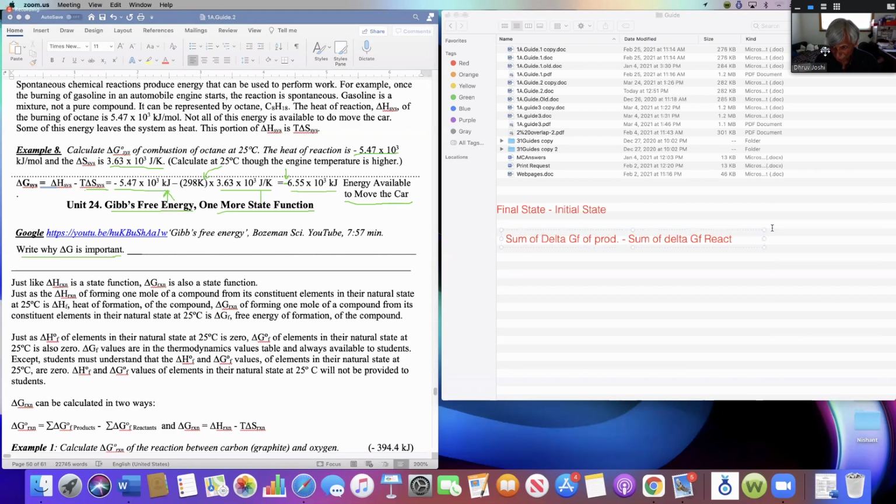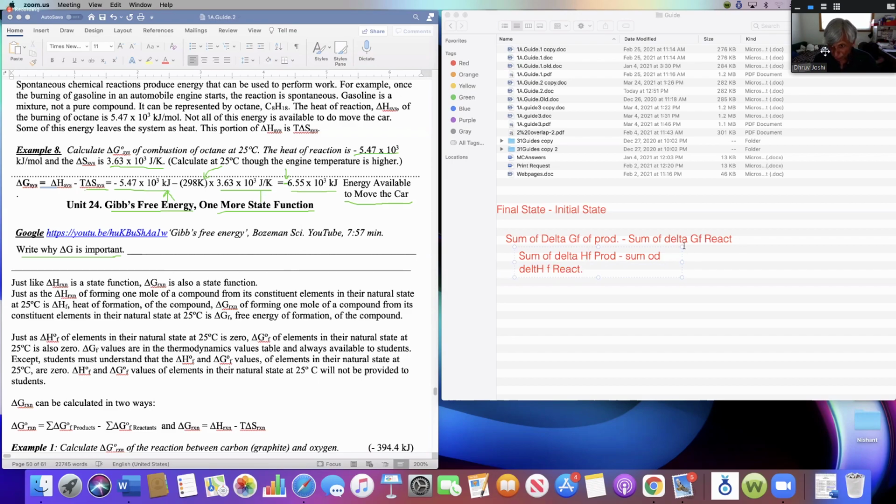This equation is very similar to the equation for the heat of reaction. In the heat of reaction, instead of delta G, we will have delta H: the sum of delta H, heat of formation of the products, minus the sum of the heats of formation of the reactants.